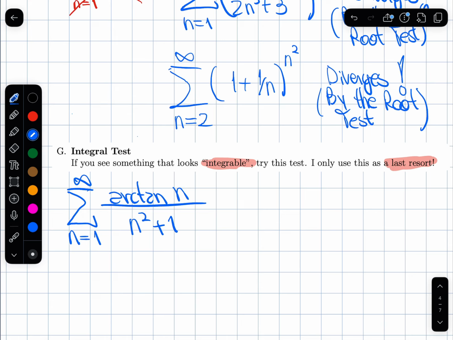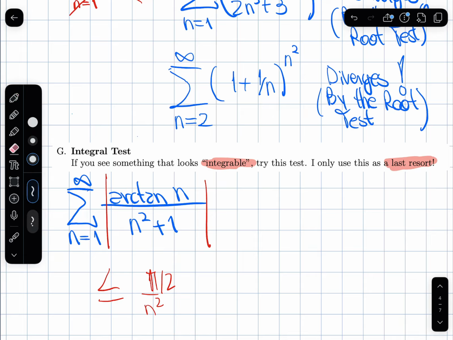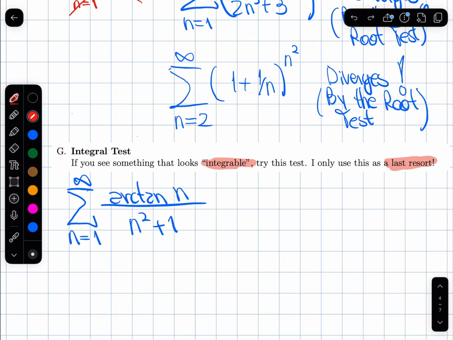But even though that's the case, I can still do this differently. I can still take the absolute values and compare this to maybe 1 over n squared, right? Maybe not 1, but maybe pi over 2 over n squared, like this, which is a p-series. So there's no one-size-fits-all strategy, but also if somebody uses the integral test here, I think this is fine.